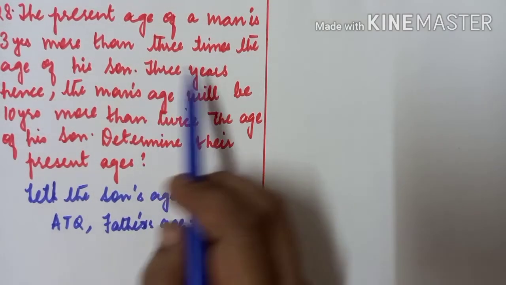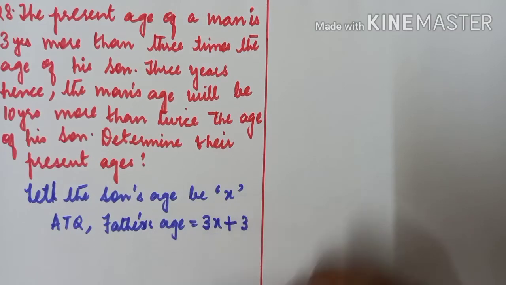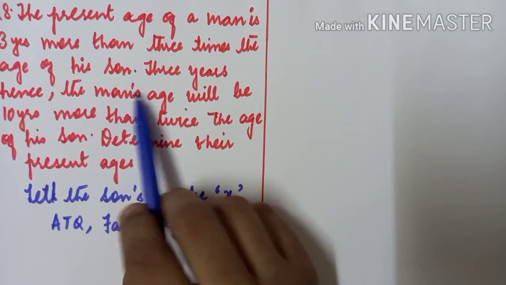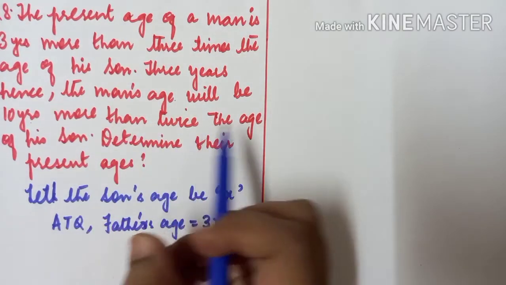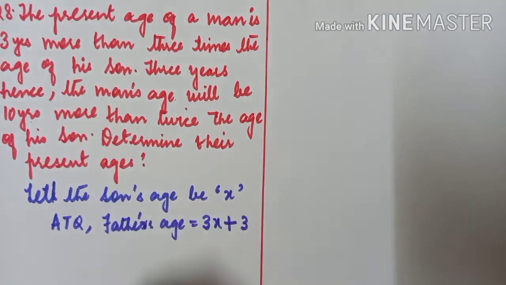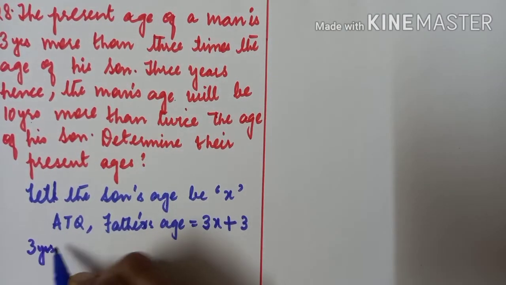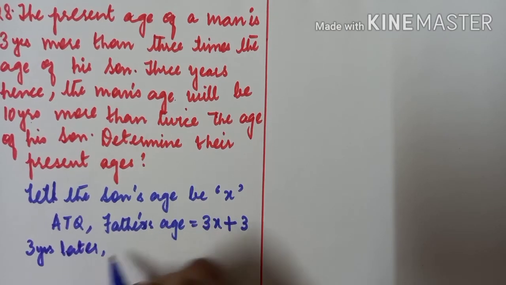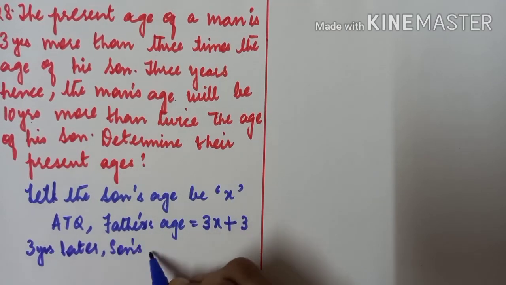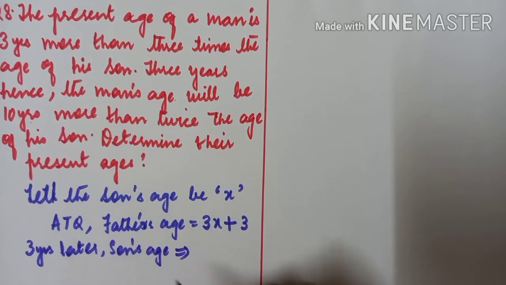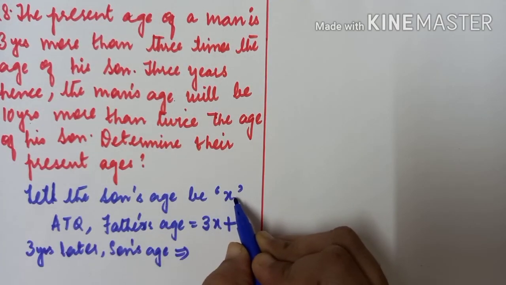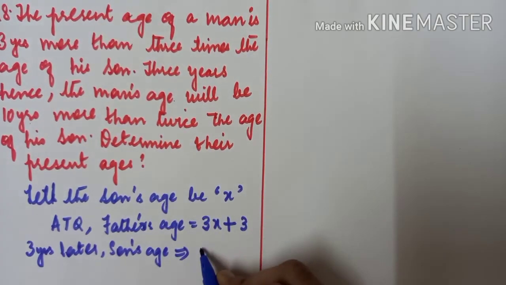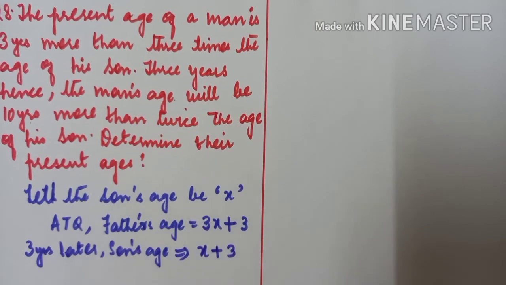Now, 3 years hence. Hence means later. 3 years hence, the man's age will be 10 years more than twice the age of his son. So now 3 years later, what will the son's age be? The present age is x years, so after 3 years it will obviously be x plus 3.